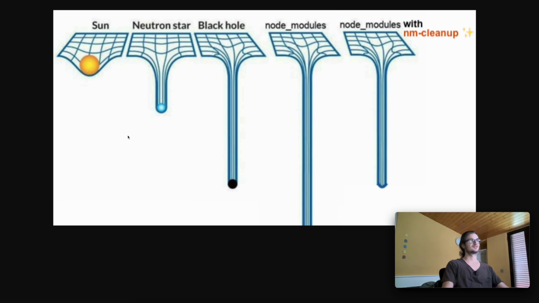These other tools either destroy all node modules that they find, which is not what we want, because we want to keep node modules in the projects that we're working on right now, right? We only want to delete the old ones, and we can't delete these projects entirely, right?